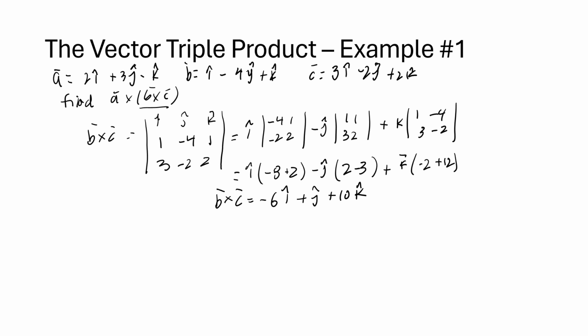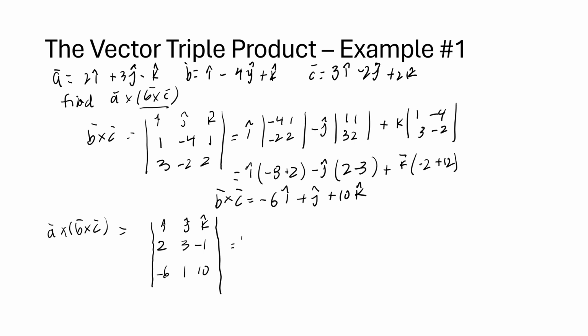Now if we want to do A cross B cross C, that's going to be the determinant i, j, k. In this case, the A vector is 2, 3, minus 1. And then we just did the B cross C, so that's minus 6, 1, 10.